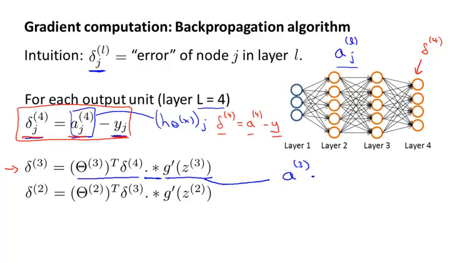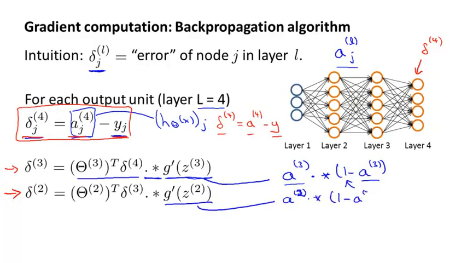What you do to compute these g prime derivative terms is just a3 dot times 1 minus a3, where a3 is the vector of activations, 1 is the vector of ones, and a3 is again the vector of activation values for that layer. Next, you apply a similar formula to compute delta2, only now using a2, like so.